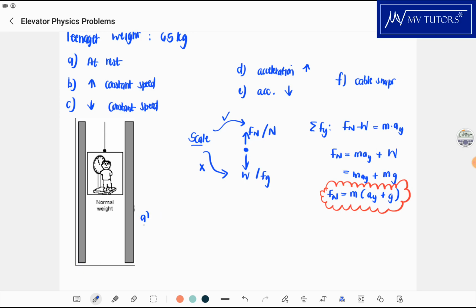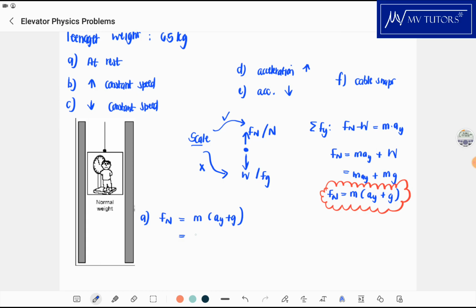So A: what is the reading on the scale when the elevator is at rest? We use our formula, because remember the scale reads the normal force. If it's at rest, what do you know? There is no acceleration, there's no movement.